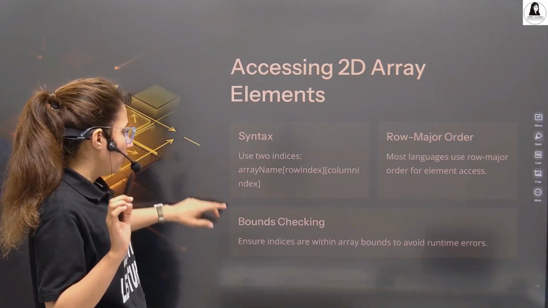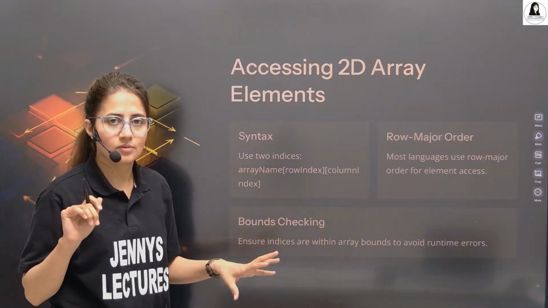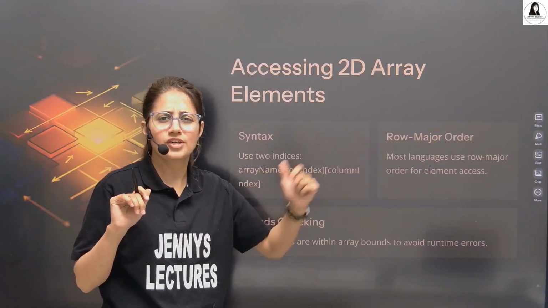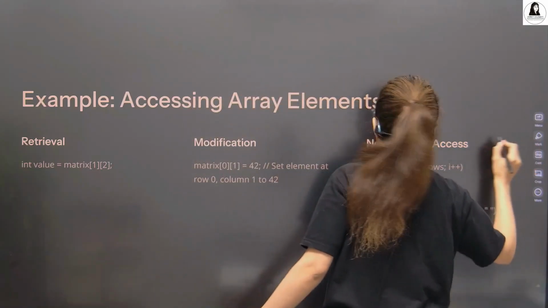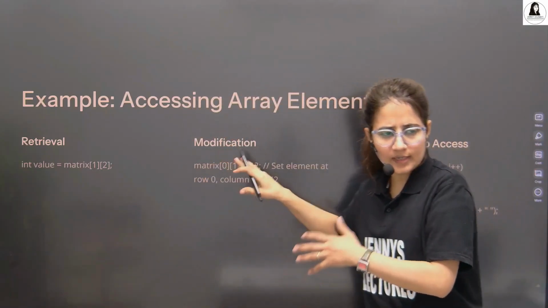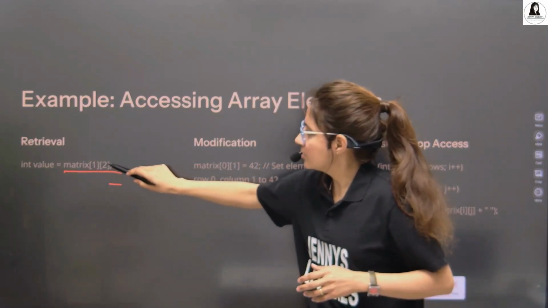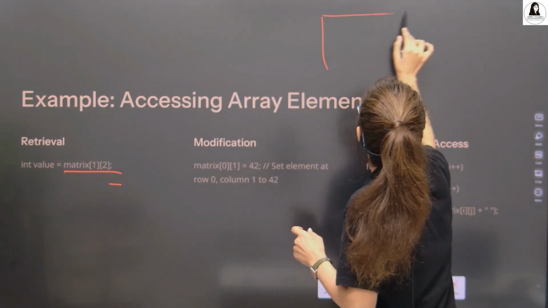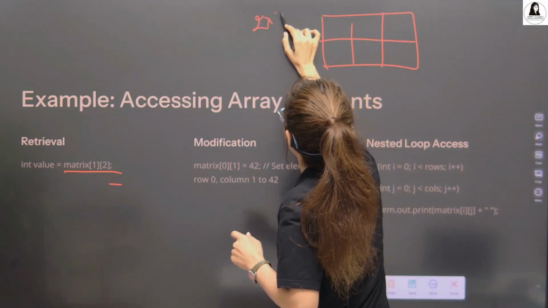Ensure indices are within the array bounds to avoid runtime errors, otherwise you will get an ArrayIndexOutOfBoundsException. So this is how we can access the array elements. I'll show you these things practically. Don't worry. You can simply write the index, like if in the array I have something like this. It's a 2 into 3 matrix, a 2 into 3 array I have.